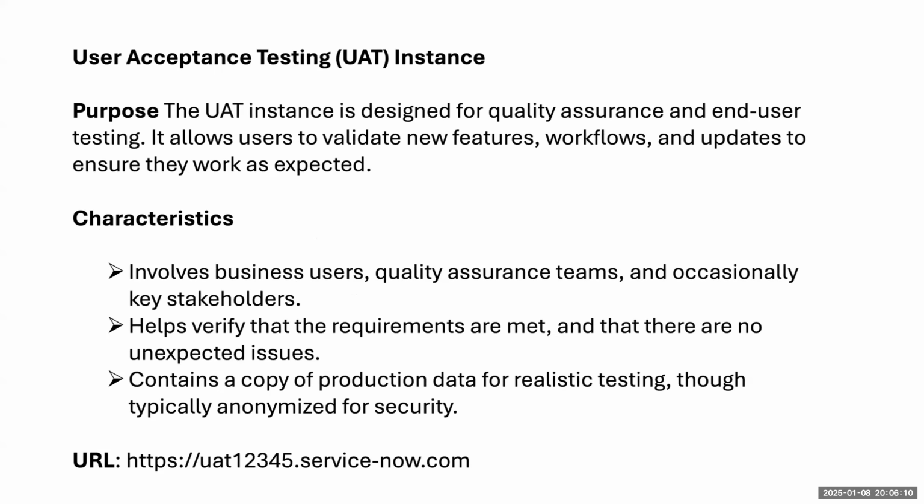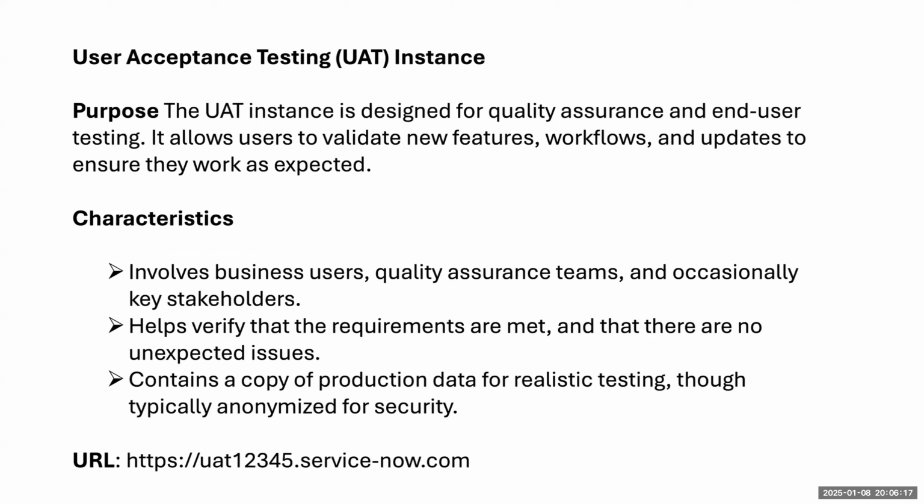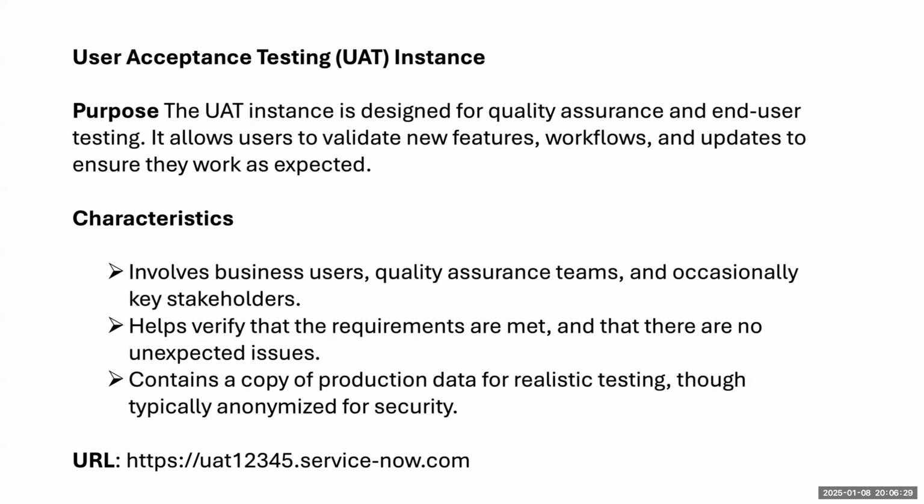So initially you start with development. Once the development is done, you push this to UAT. Once the UAT is done, you push this to the production environment, which is your final environment.